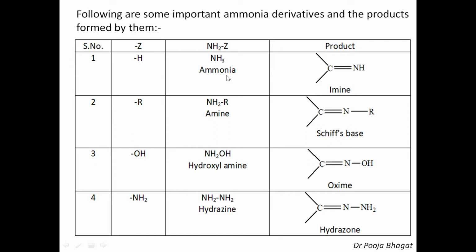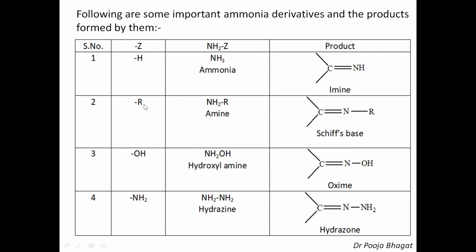What was the reaction if you can recollect? C double bond O, the oxygen from the carbonyl and the two hydrogens from the nitrogen will go out as a water molecule, and there is a double bond between carbon and nitrogen. So C double bond NH. This product is called imine. This is the imine product. Okay.